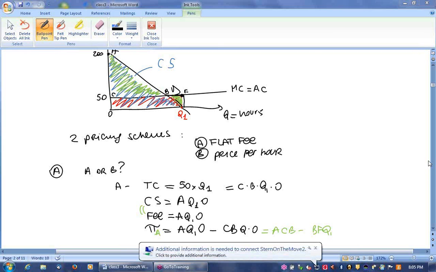And since agents only pay the flat fee at the beginning, but then they don't pay any price for any hours they use, once they have paid the flat fee, the consumer surplus is the part of the demand that is above the price, that is zero, the price per hour, and below the demand curve, so all the big triangle, okay?